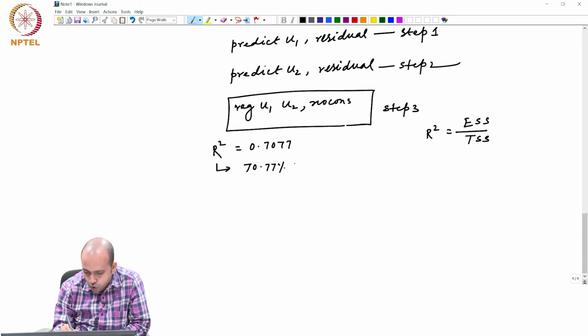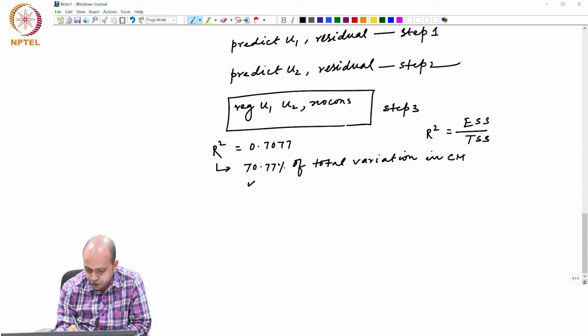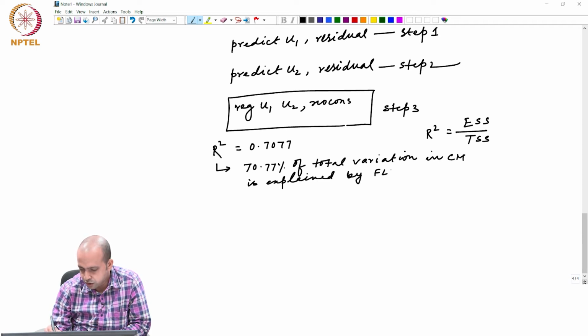So the meaning is that 70.77% of total variation in CM is explained by FLR and Pgnp.